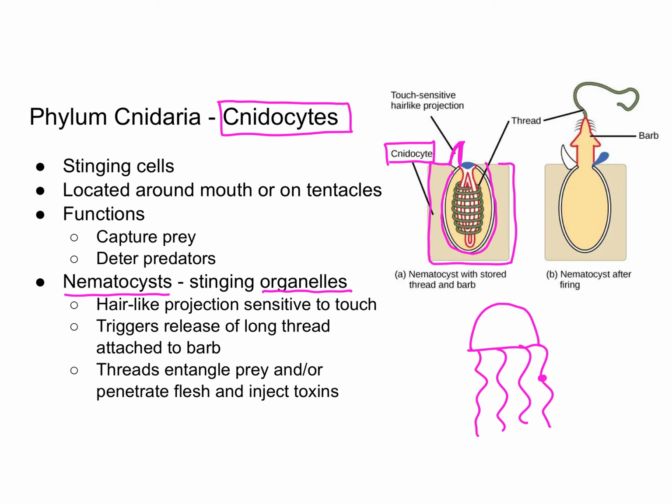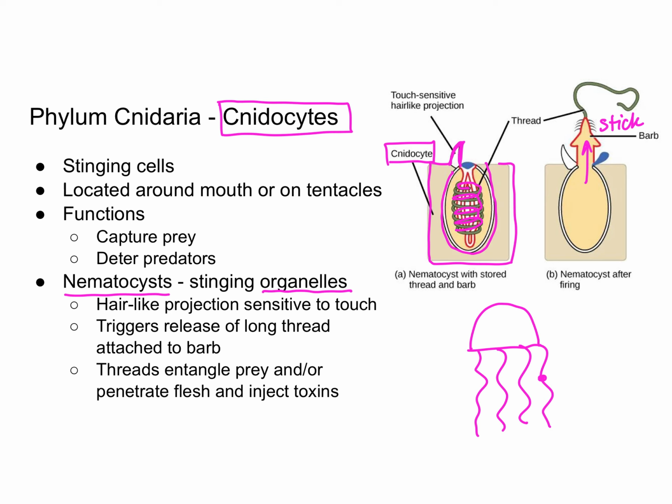Whenever that hair-like projection gets triggered, so if something touches it, there's a coil inside with a barb. It shoots the barb out, and the barb makes it stick inside the tissue of the animal that it is stinging.